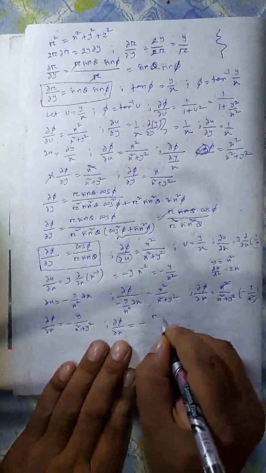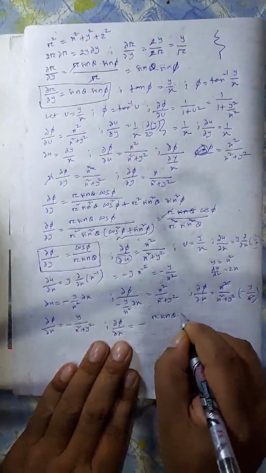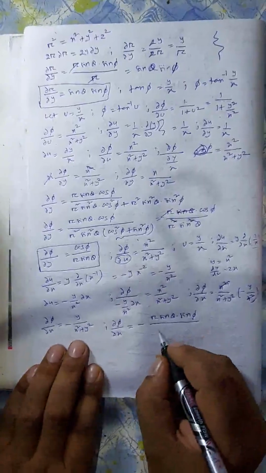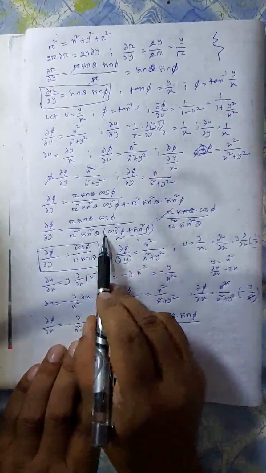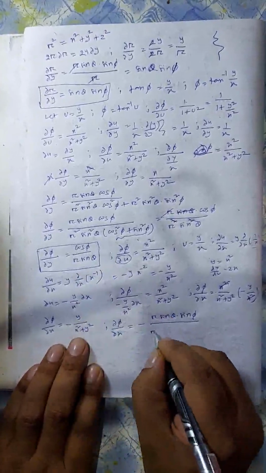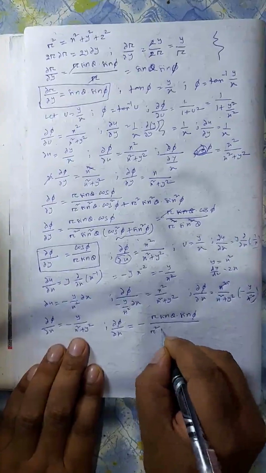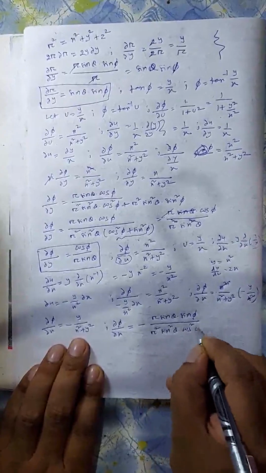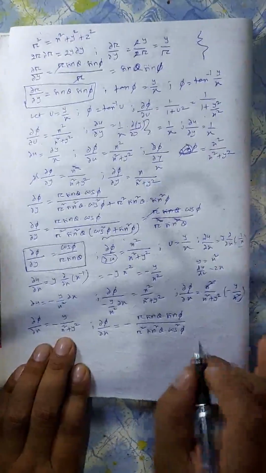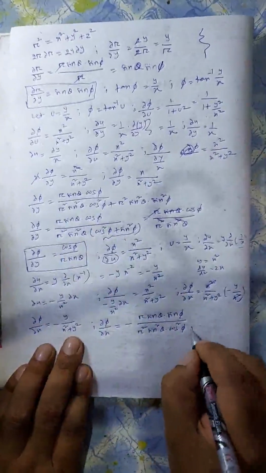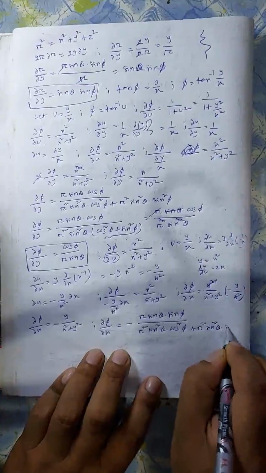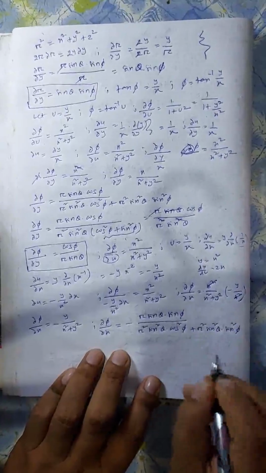then ∂φ by ∂x, minus y is equal to r sin θ sin φ, divided by x² plus y², that means this one, x² is r² sin² θ cos² φ, x is r sin θ cos φ, plus y² is r² sin² θ sin² φ.